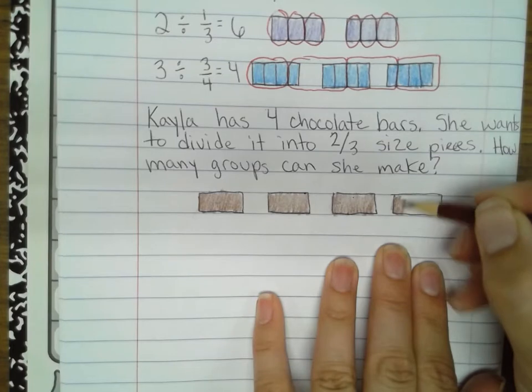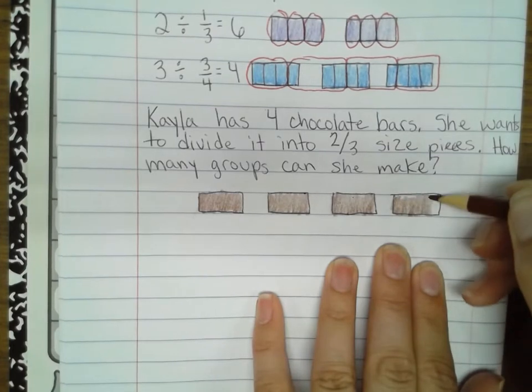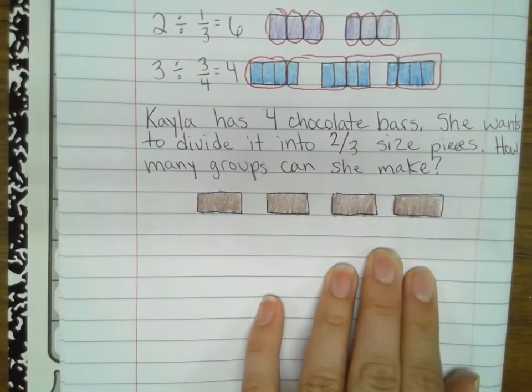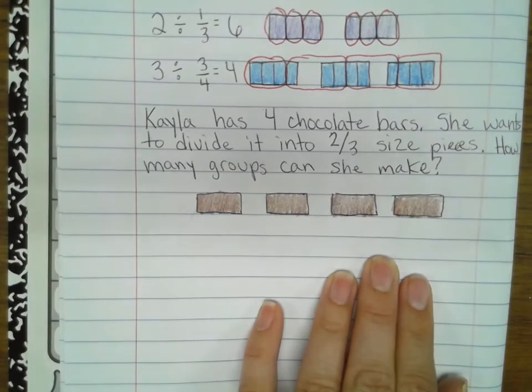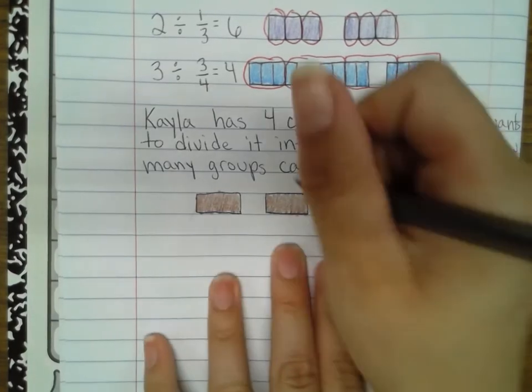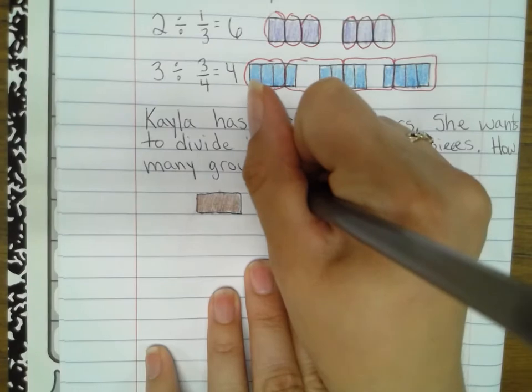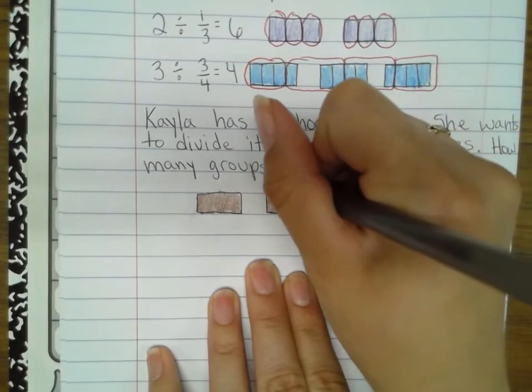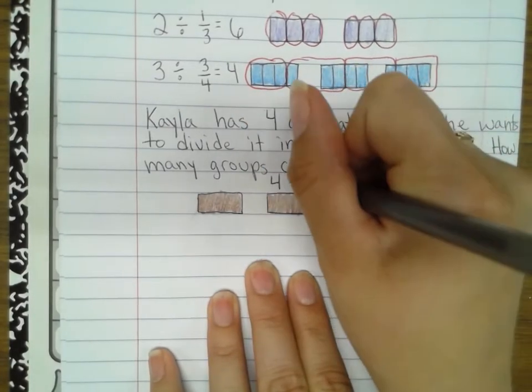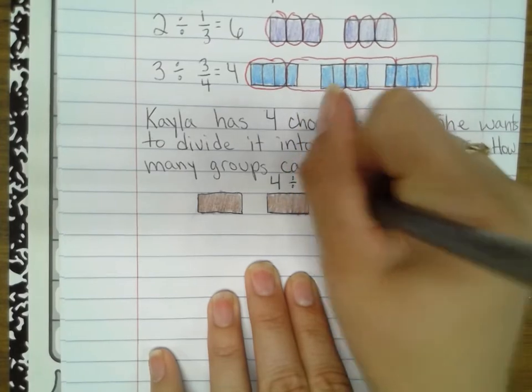So if I were to write a number sentence for this story, what would I have? Okay, I'm starting off with 4 chocolate bars, and I'm dividing them evenly into groups of 2/3.